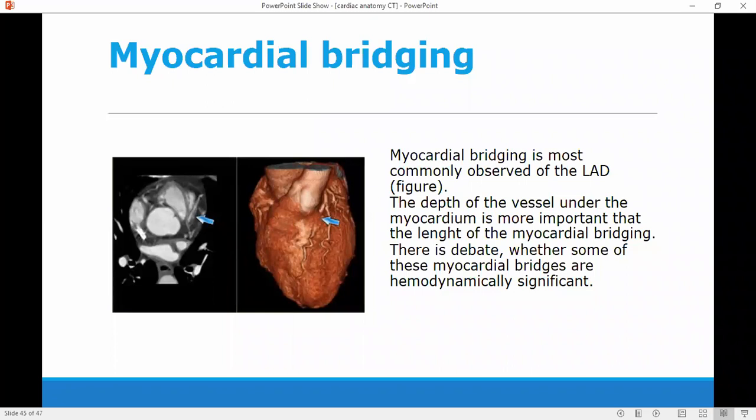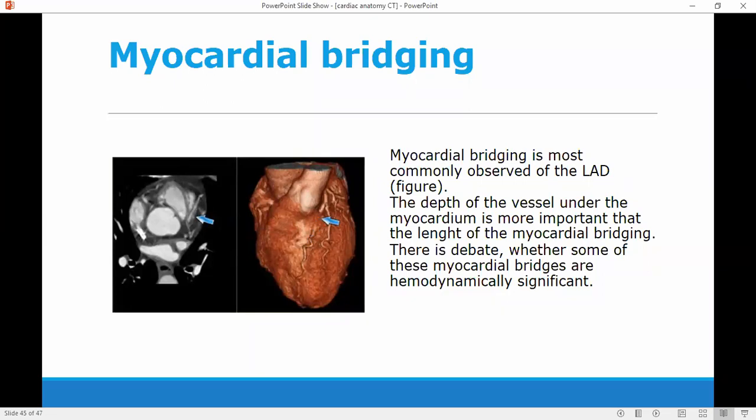Myocardial bridging is most commonly observed of the LAD. The depth of the vessel under the myocardium is more important than the length of the myocardial bridging. The thicker the muscle above the coronary artery, the more significant it is, whether the distance is short or long.